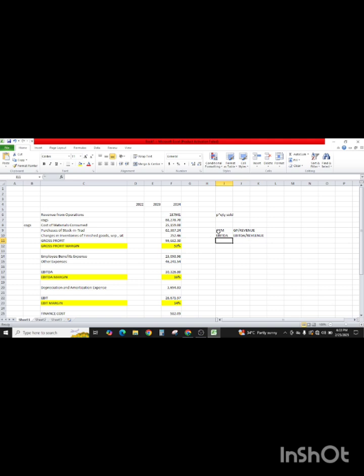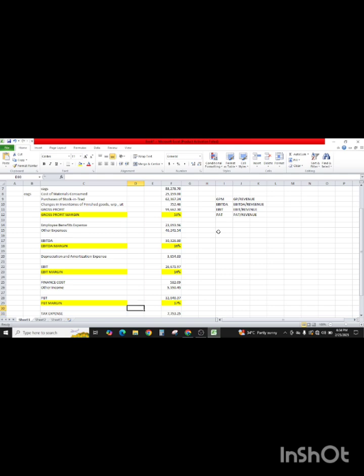EBIT margin is the same: EBIT divided by revenue, and PAT margin is PAT divided by revenue. So these are the four margins which everyone sees in a company. You should know how to calculate gross profit margin, EBITDA margin, EBIT margin and PBT margin.